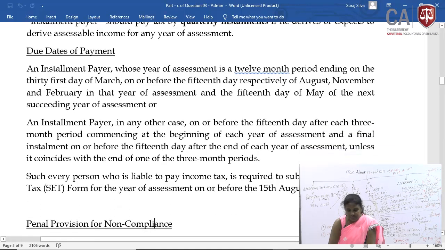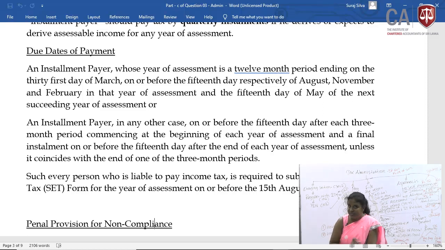Then due dates of payment, as I have explained: for any installment payer whose year of assessment is a 12 months period ending on the 31st day of March, on or before the 15th day respectively of August, November, February in that year of assessment and the 15th day of May of the next succeeding year of assessment.